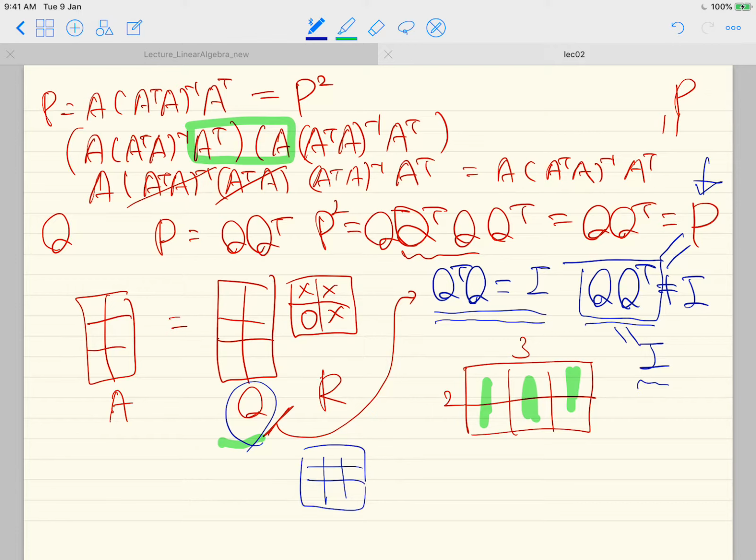It's already in the space. Yeah, right. That's right. So if a given point is already within the column space of the matrix, then the projection will not change at all, right?